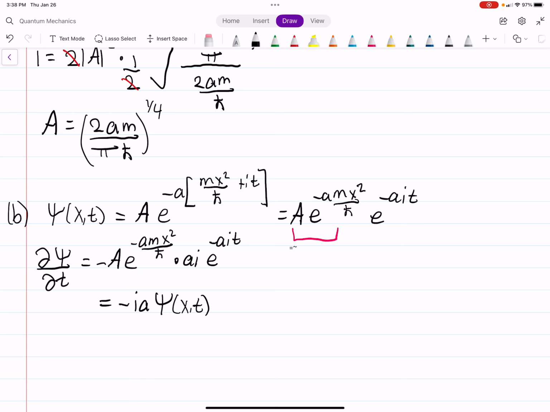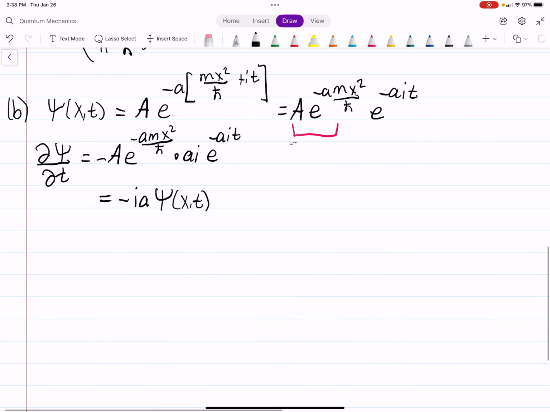But our Schrodinger equation also has to do with the second derivative with respect to x. So we need to find dpsi/dx. The a is obviously a constant, and this is now a constant because we're taking the partial with respect to x.